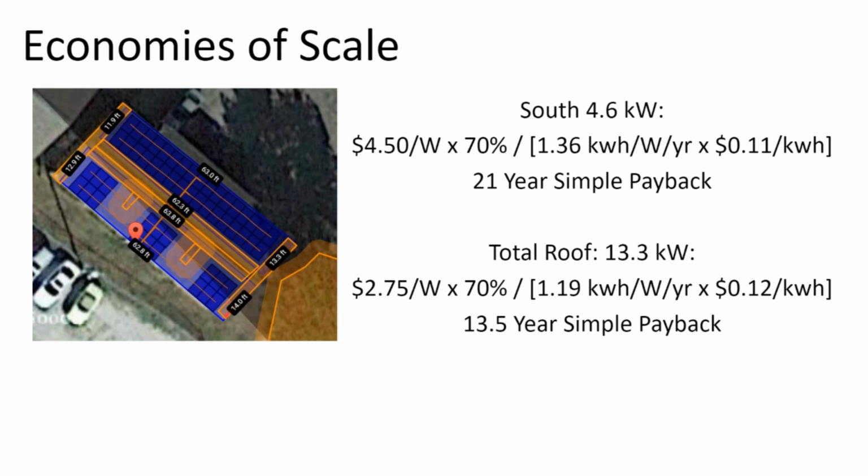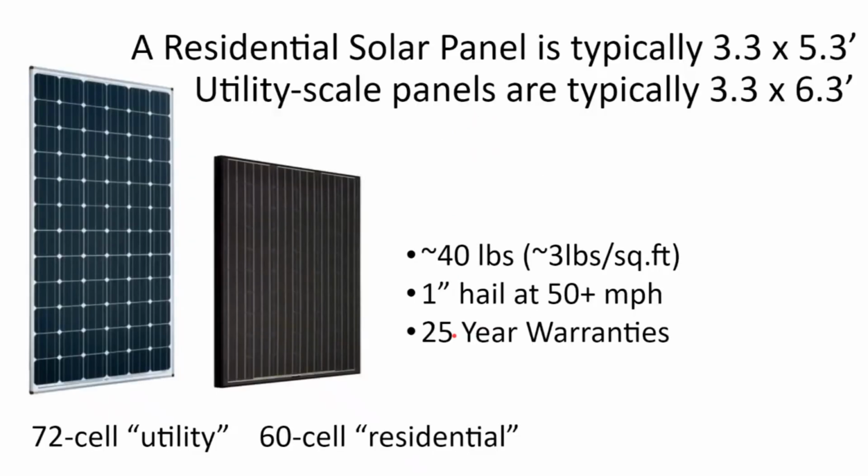Solar is an outdoor rated electrical device designed to withstand the elements. In a catastrophic hailstorm, a solar array is more likely to save the insurer money by avoiding a total roof replacement rather than cost them money with a solar array replacement. But that assumes the solar array protects the entire roof.